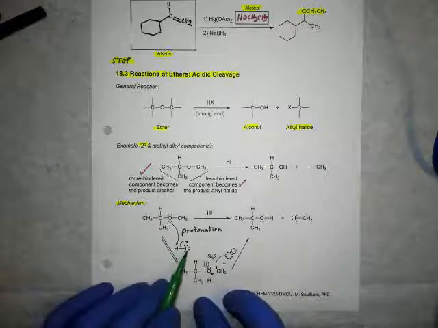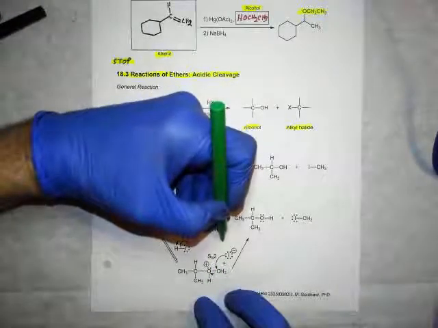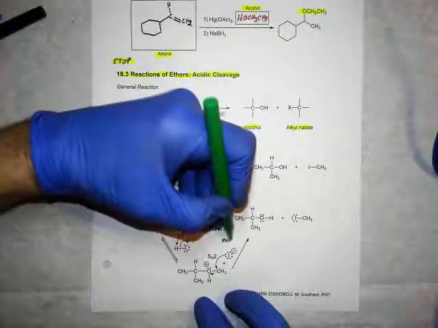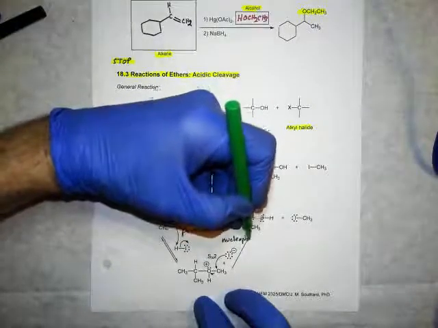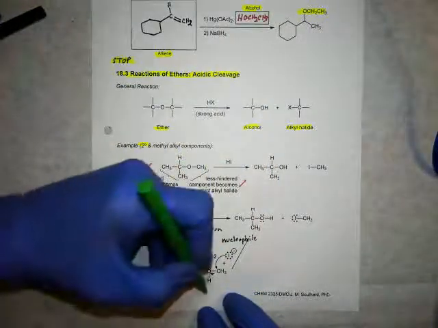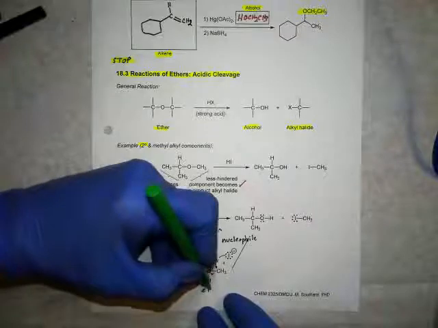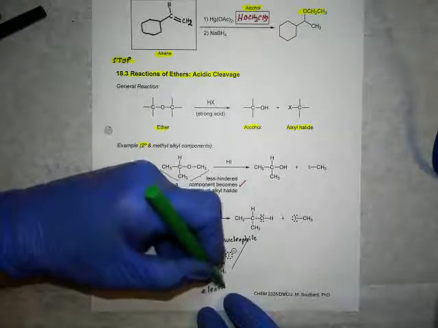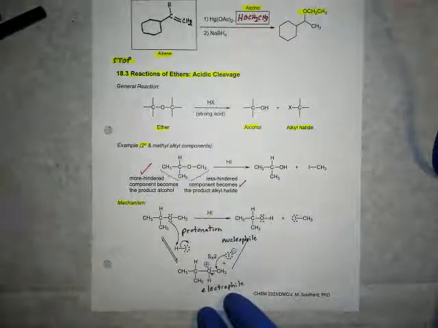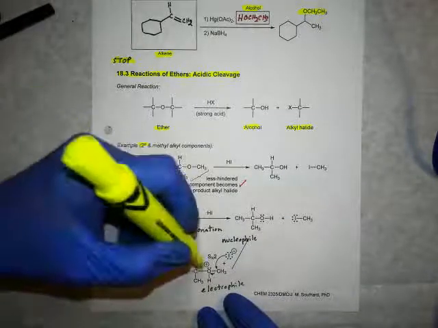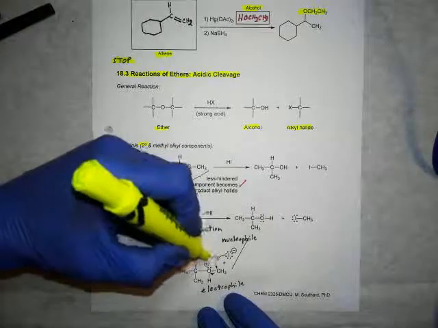Now, once that happens, we've liberated an iodide. And so the iodide anion is going to function as a nucleophile, whereas the protonated ether, in effect, is an electrophile. And you've come to know this process as an SN2 reaction.